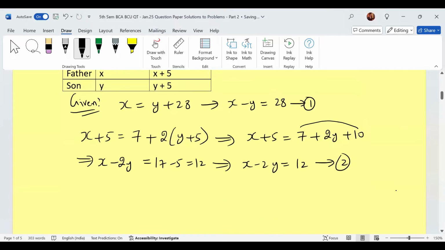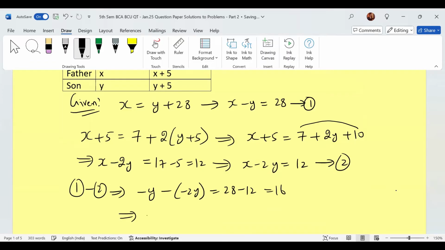Now let us subtract first and second equation. We will get x and x will get cancelled. Minus y minus of minus 2y is equal to 28 minus 12, which will become 16. So this will become minus y plus 2y equal to 16. Or we can simply say y is equal to 16.